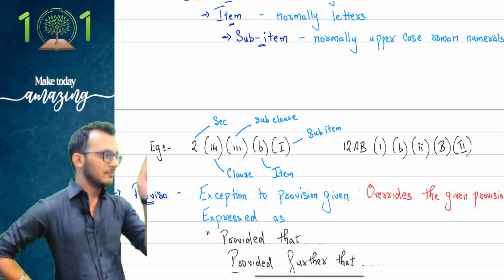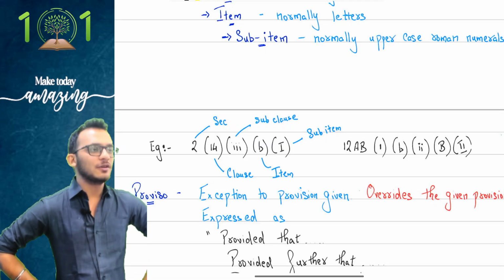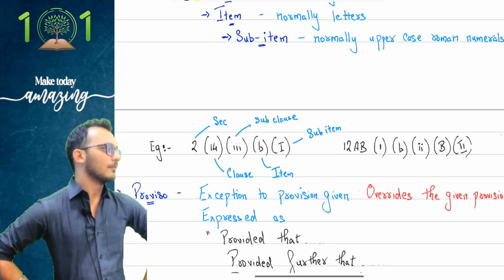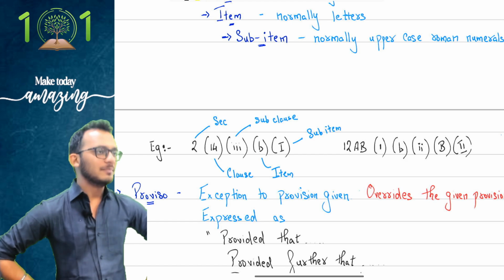I'm telling you generally. We wrote the word generally there, right? It's generally expressed in those things, which means exceptions are always an exception. We'll do that, but first finish this.